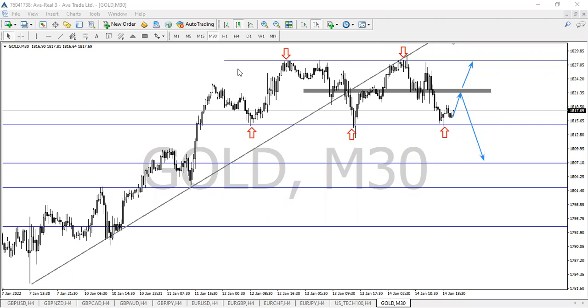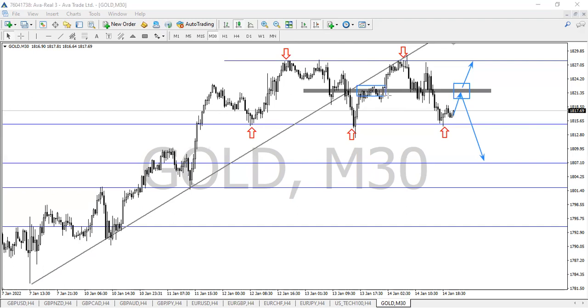So as I was saying, this is something that we might expect on gold, but this is not to say gold is gonna do exactly that. At this point, this is not different from this side.